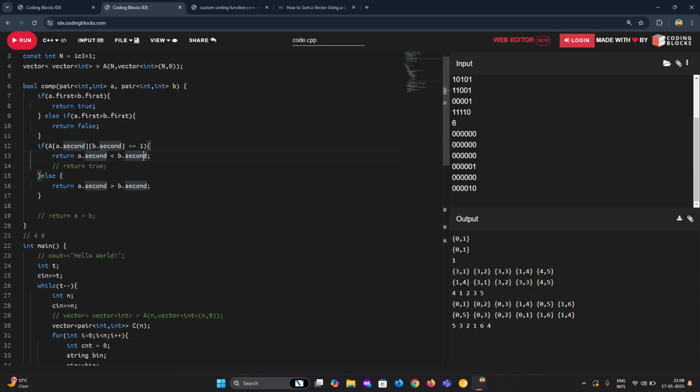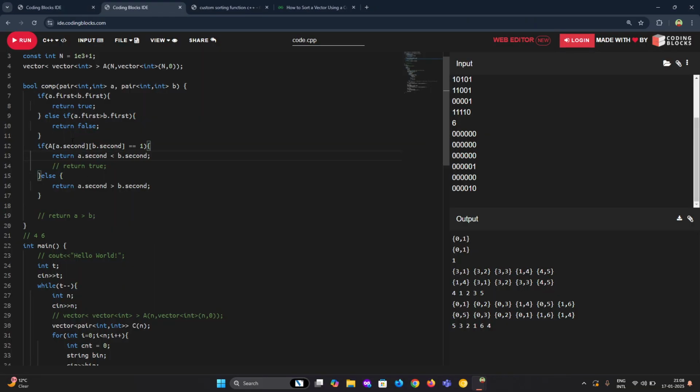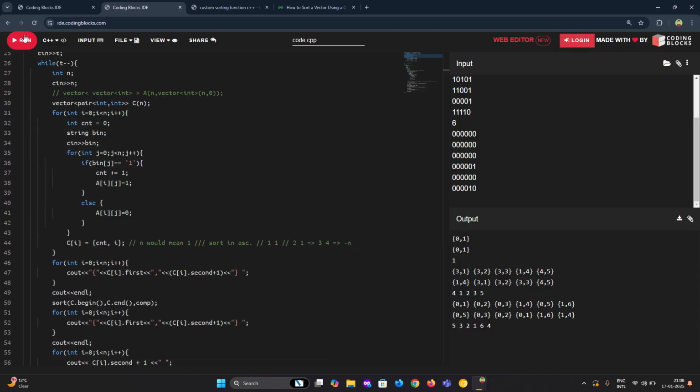If they are connected and a of first is less than b of second, if they're not connected, it has to be this. Let's just remove the count thingy and try now.